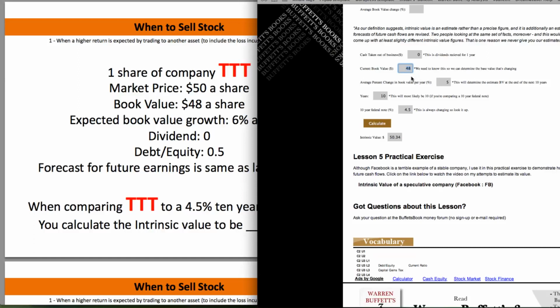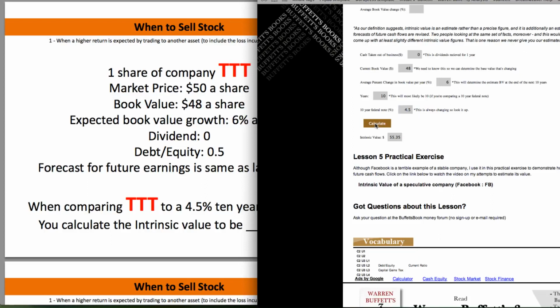Just by coincidence, it could be something completely different, and you'd still be able to figure all this out. Okay, and our percent change in book, we're saying, is going to be 6%, okay, which is 1% higher than the last company. Okay, then the years we're going to own it is 10, and the 10-year federal note is still 4.5%. So let's go ahead and figure out what company TTT's intrinsic value is.